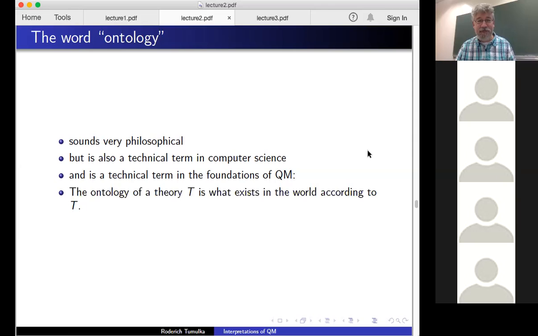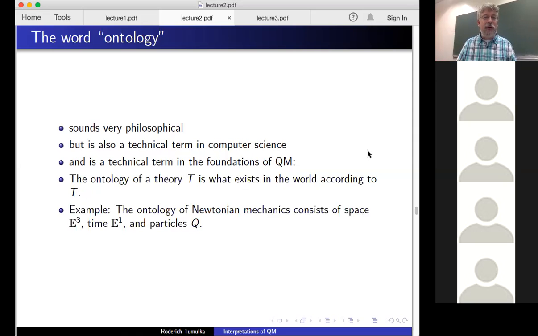The ontology of theory T is what exists in the world according to T, which is actually also the philosophical meaning of it. But philosophical writings are sometimes very unclear. So here it's a kind of physical thing.